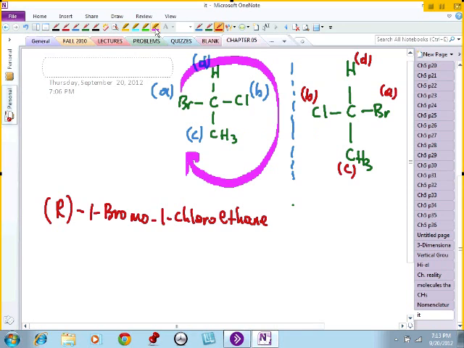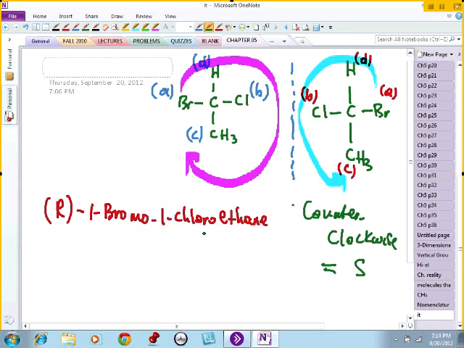Once again we make our motion from A to B, ignore group D, to C. This is counterclockwise, and that is S. The clockwise motion is R, and the counterclockwise is S. So therefore, what would be the name of the enantiomer of this molecule?